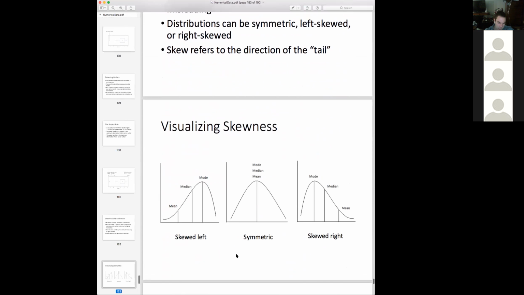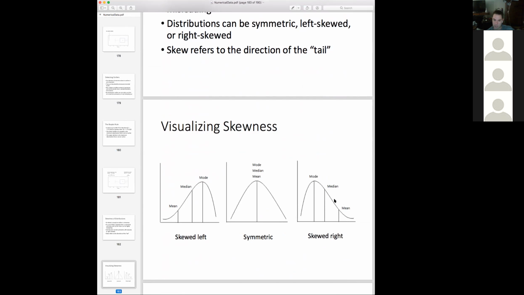So this is what we're talking about when we talk about skewness. This is symmetric data, and the mean, the median, and the mode will all be the same in the center of the distribution because we have a symmetric distribution. If we have a data set that's skewed right, you'll see visually what that would look like, and we'll find that the mean is greater than the median and greater than the mode.